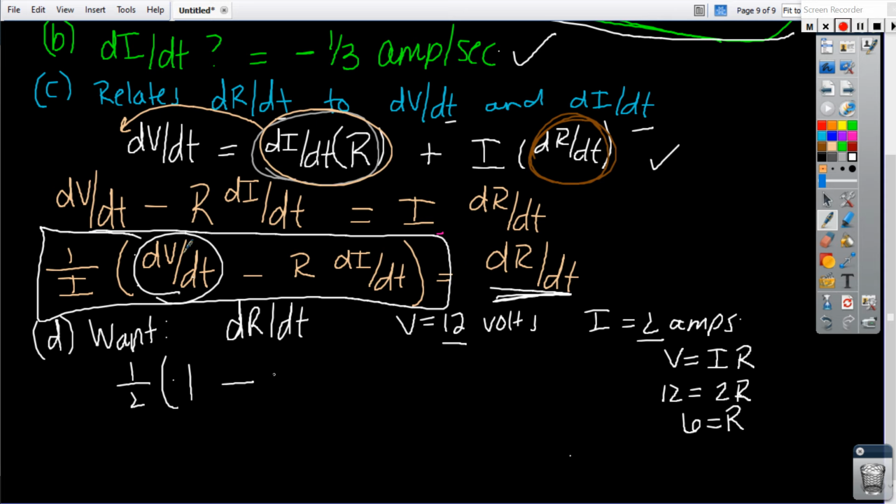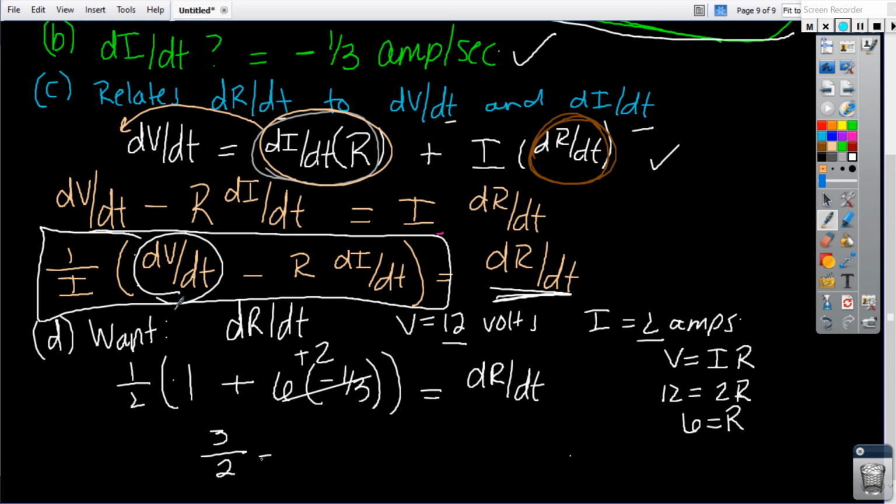So this is going to be 6 times, and do I have di/dt? Well, yes, di/dt is part B, and that is negative 1/3. And so if I do all this, it should give me dr/dt. Well, this would be negative 2, so it's plus, so I've got a half times 3, so I've got 3 over 2, which is dr/dt.